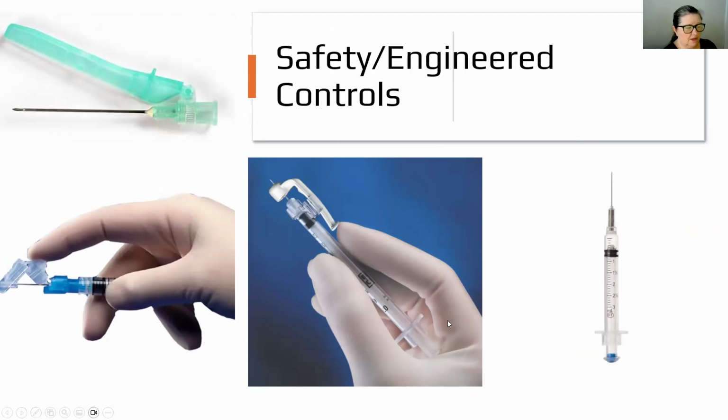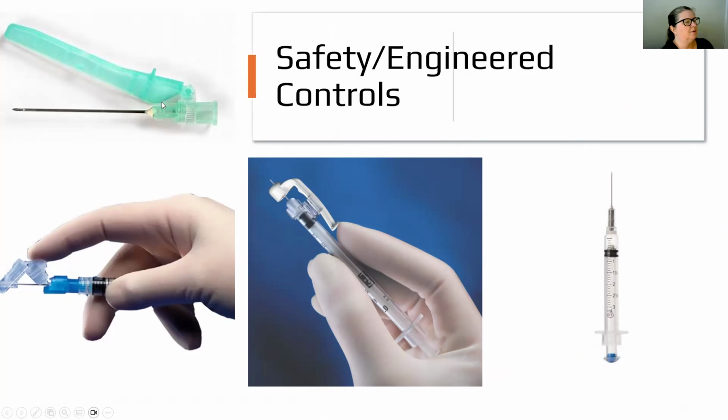Okay. Now, one more thing about needles. This was not the case when I started in this business, but now they have safety, or what they call engineered controls, on needles. Here are just a few that I wanted to show you. They're all a little different depending on the manufacturer.